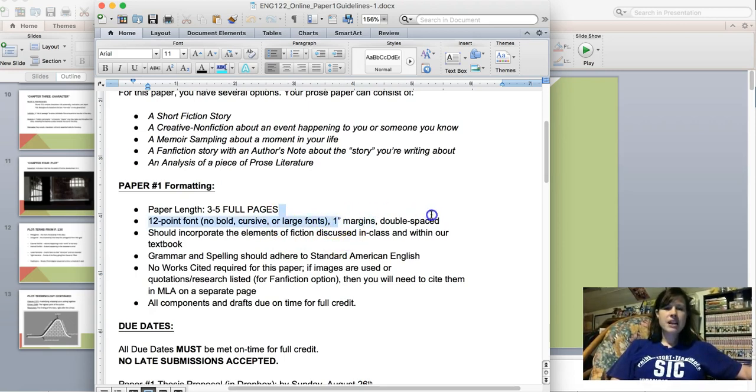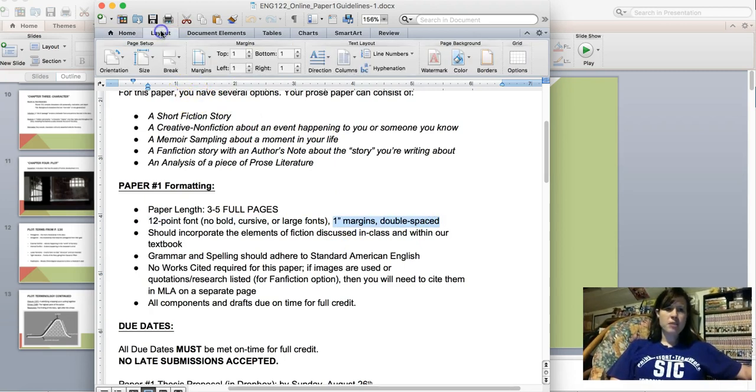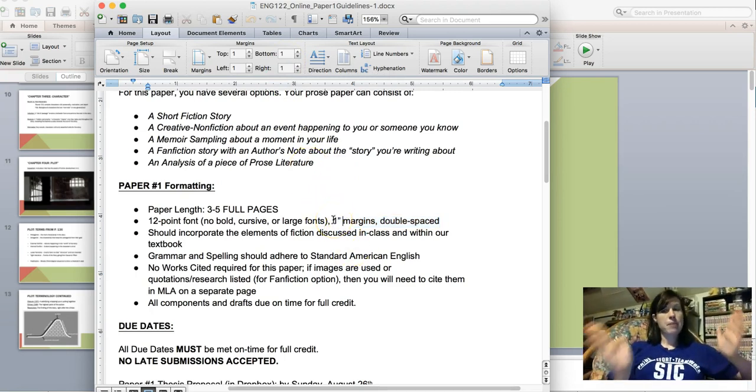And if you look on any Microsoft Word document, you will notice that the margins are automatically set at 1-inch margins. Just leave them alone. I've had students in the past think that they are clever and try to alter the margins to make their paper narrower. I will know that you're doing it and I will count off points, so just don't do it. If you open up a Word document, just leave the margins alone and you'll be fine.